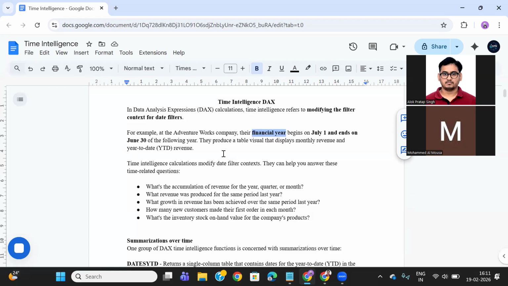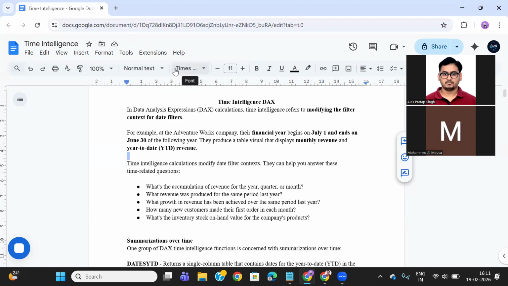So this is our scenario. Now what we are going to do is calculate monthly revenue and year to date revenue. So we will work on this. You got what we are going to do now.